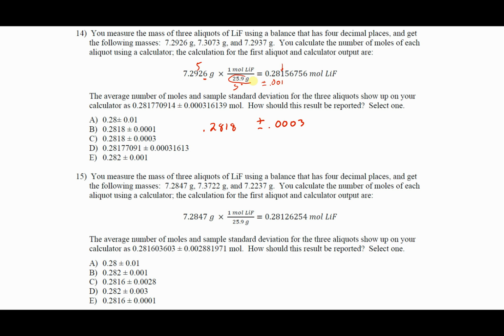Really what's driving it is you don't have a good conversion to grams per mole. So in reality, with rule 3, it should be plus or minus 0.001, and then this goes to 0.282. Okay, so 282. Awesome.